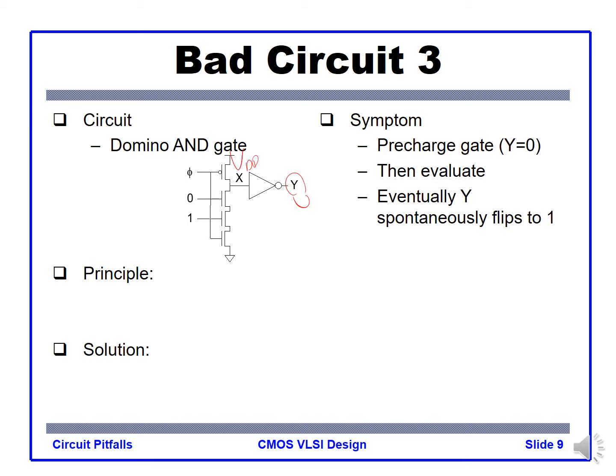Then you evaluate, and eventually Y sometimes goes high, even though the input values are in a condition that disables the pull down. So there's no complete pull down path enabled, but the output flips to 1. Why does this happen?